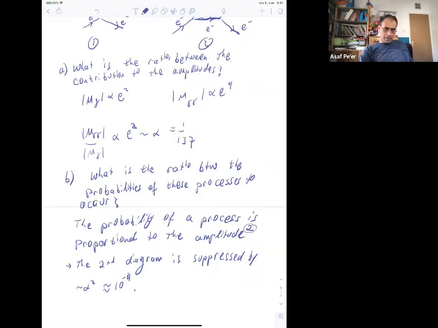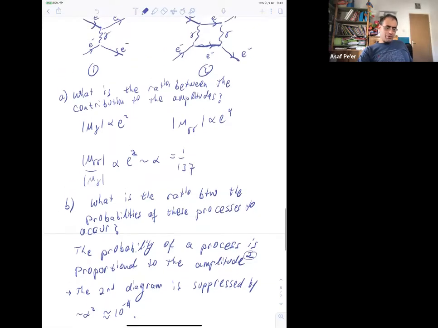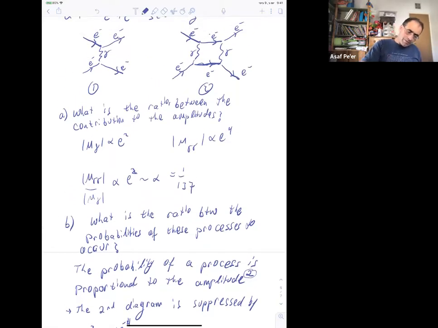The left one is called the leading order diagram. The right one is called the next to leading order diagram. This result shows you one of the strengths of working with Feynman diagrams.